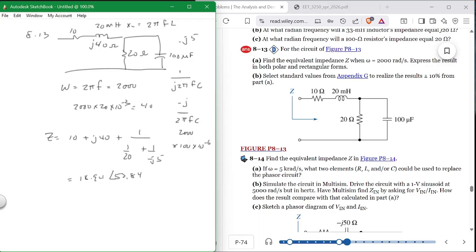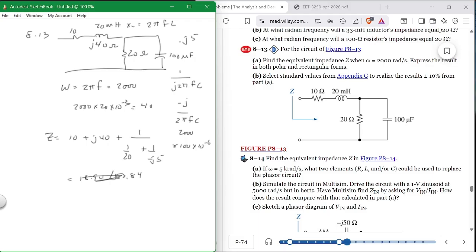Let me try it again because I'm certainly capable of messing this up. 10 plus 40i, plus 1 divided by parenthesis 1 divided by 20 plus 1 divided by minus 5i in parenthesis equals, okay, that you got it.